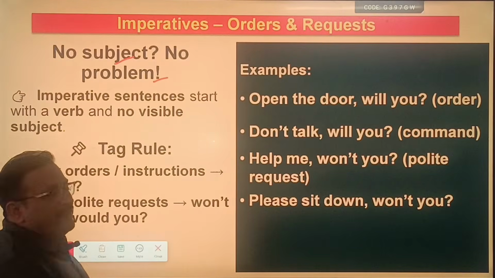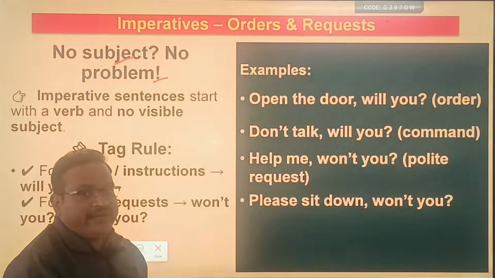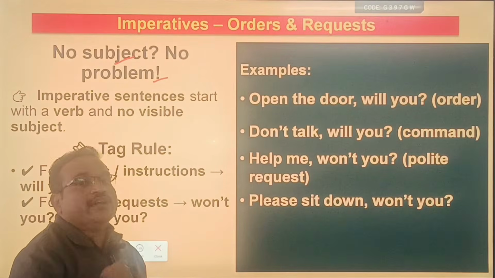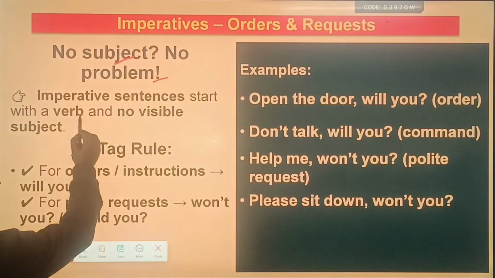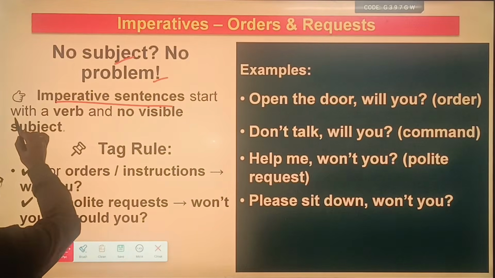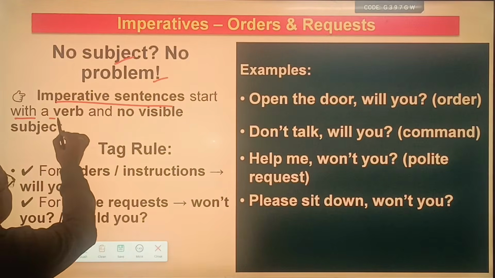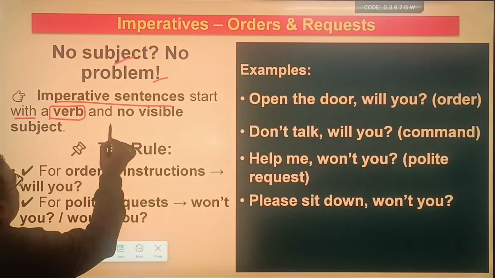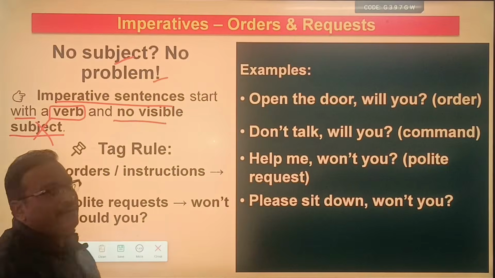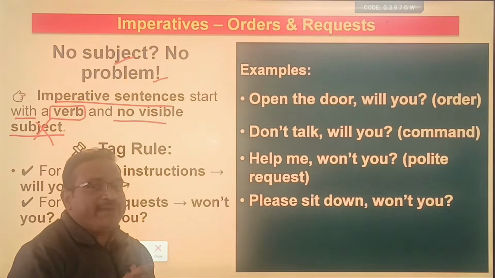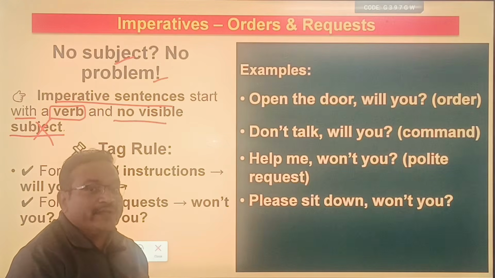If the statement or sentence is imperative, how to change the tag? How to make its question tag? In imperative sentences, the sentences start with a verb and have no subject. You will not find a subject, you will find a verb.